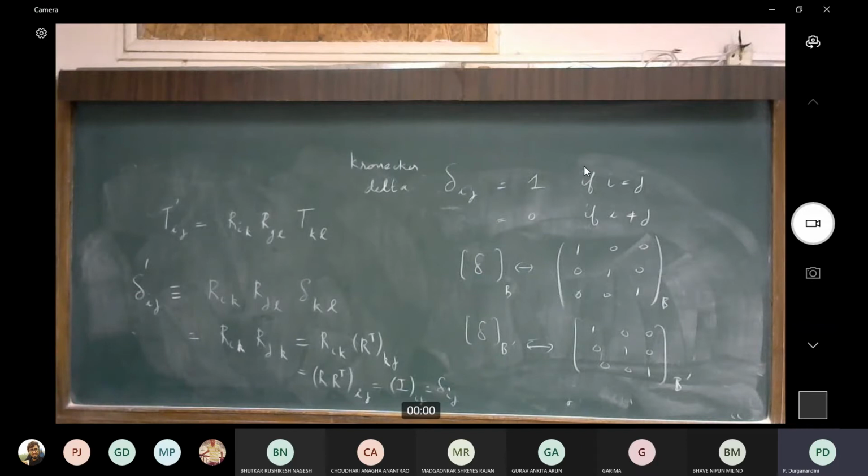So therefore, what we've shown is that my delta transforms like a second rank tensor. So this Kronecker delta, delta ij, is a special tensor. It's a second rank tensor.